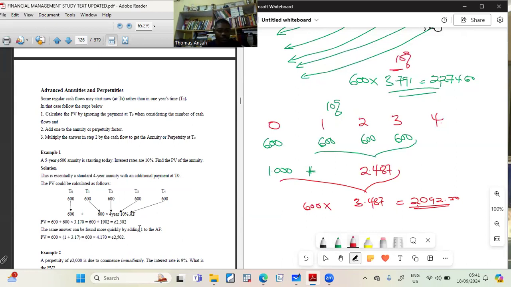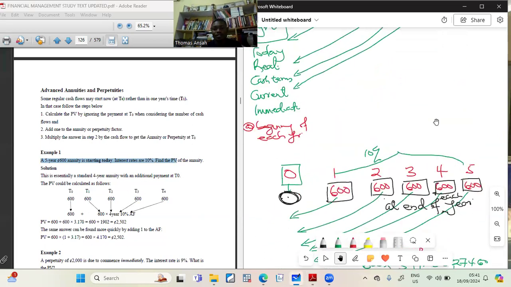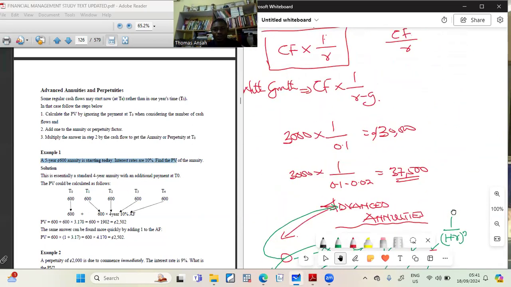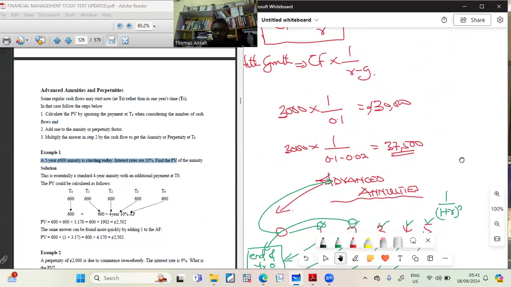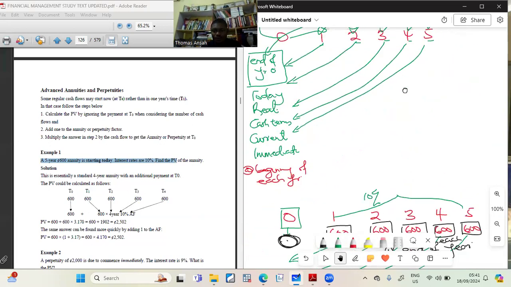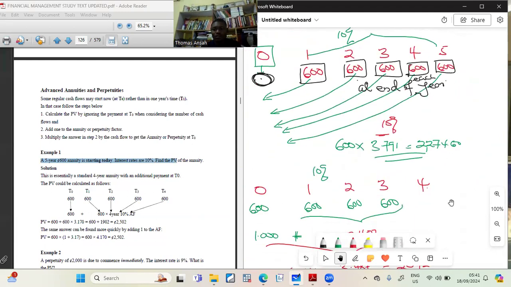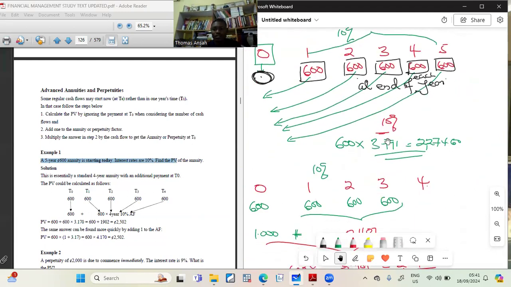So this one had 5 years. When it is 5 years, we can pick the discount factor that we used; we did 4 years before. This is 1, 2, 3, 4, 5.